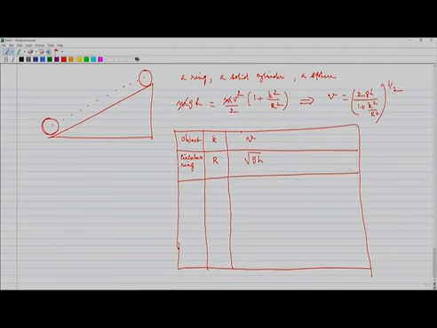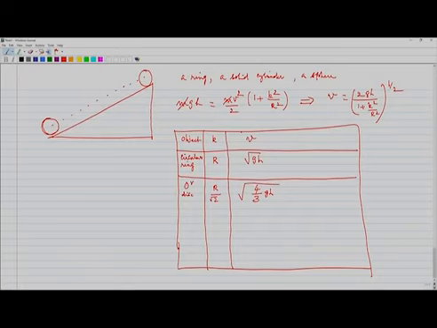In the case of a circular disc, k is r by root 2, therefore it will have 4 by 3 gh under the root.